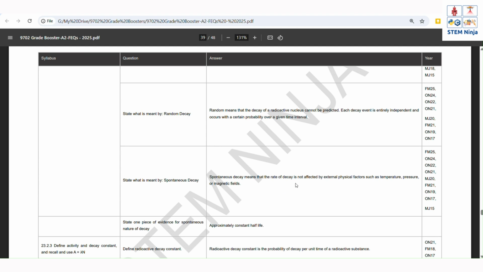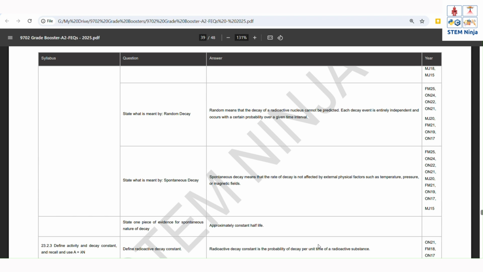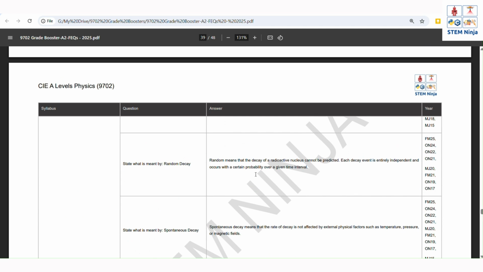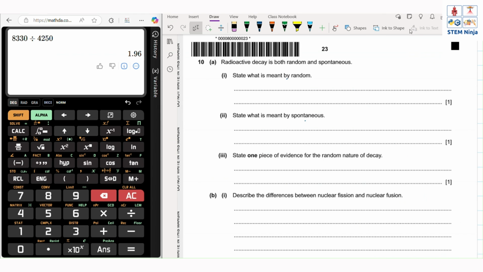For spontaneous, evidence is an approximately constant half-life. For the random nature of decay, we have fluctuations in count rate or activity.